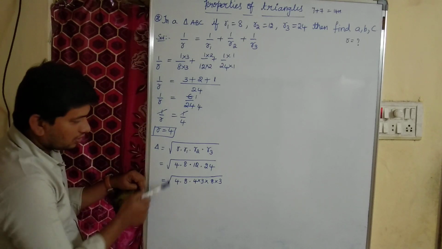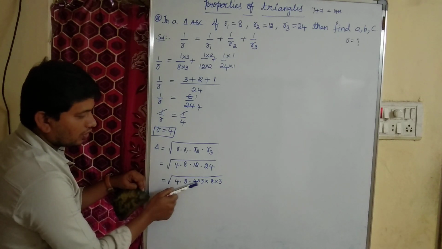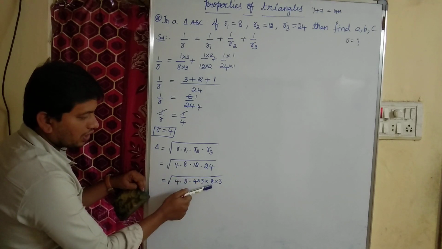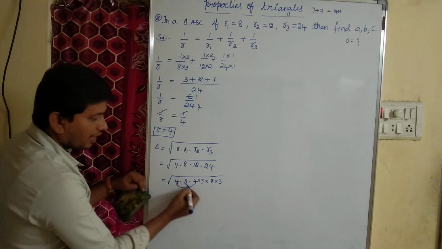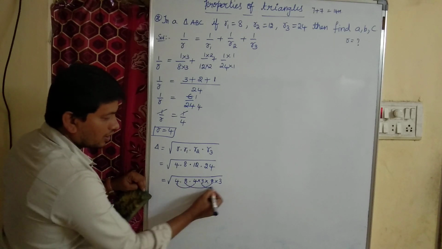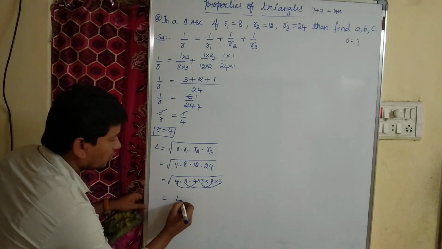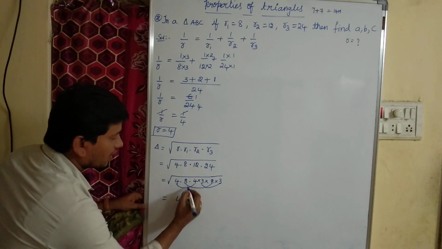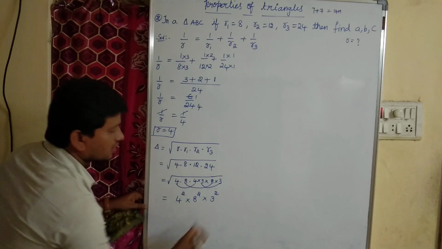Is it clear, children? 4 keep, 8 keep, 12 as 4 into 3, whereas 24 as 8 into 3, because 4 repeated 2 times, 8 repeated 2 times, and 3 repeated 2 times. So 4 into 4, 4 square, 8 into 8, 8 square, 3 into 3, 3 square.